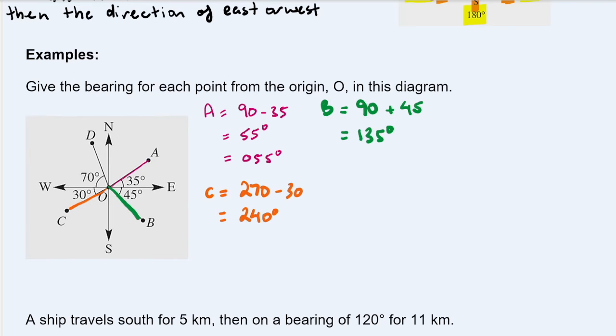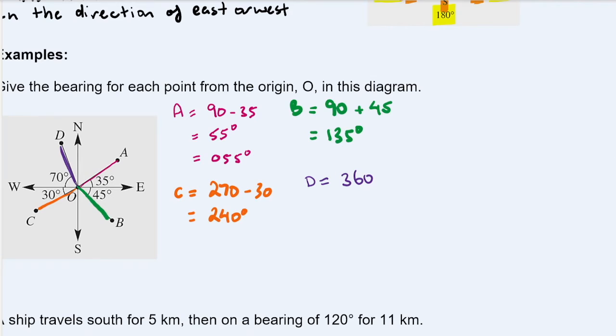And then our last one is D. And that's coming up from west 70 degrees. So I know all the way back around to north is 360. So if I go 360 and I take away that 70, actually there's a better way to do this.